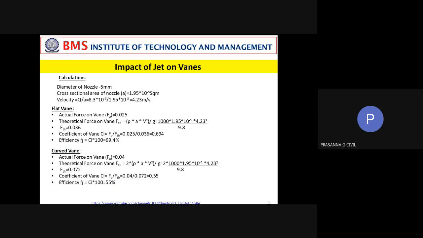In the case of the flat vane, the actual force obtained from the experiment was 0.025, and the theoretical force calculated with the formula was arrived at 0.036. Hence, the coefficient of the vane was calculated as 0.694 and the efficiency 69.4%.